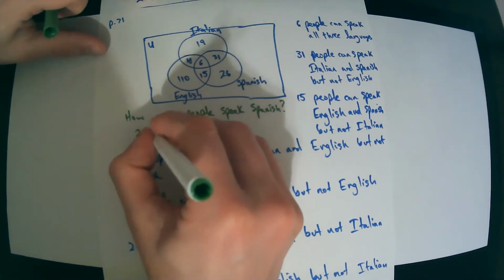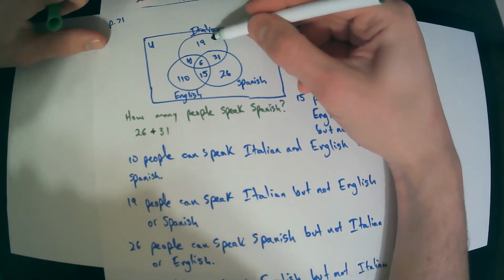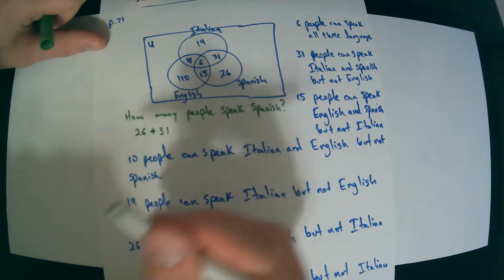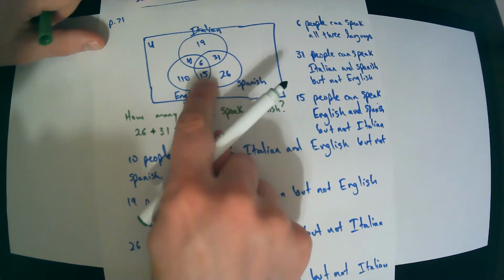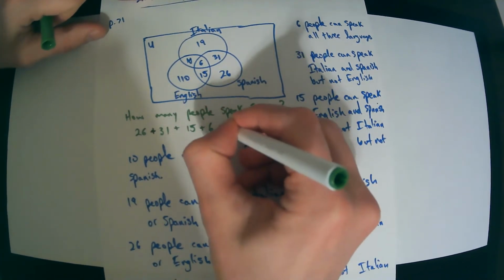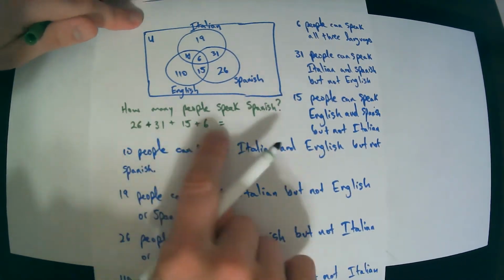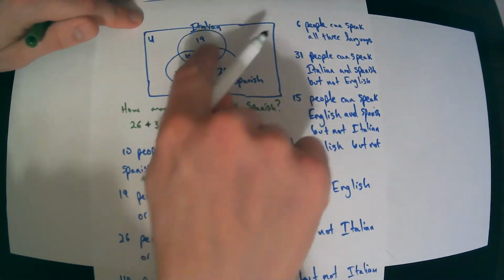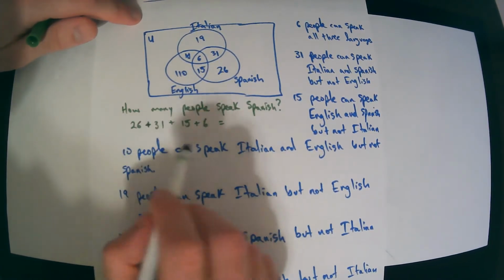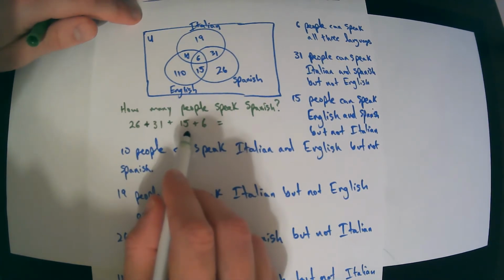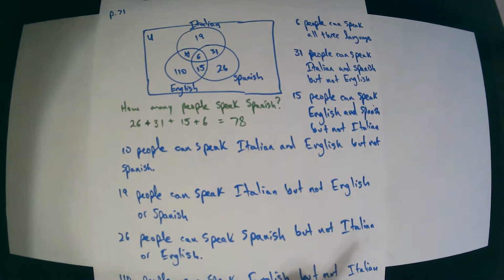But then we've got the 31 who can speak Spanish and Italian, so those 31 people can speak Spanish, plus the 15 people that can speak English and Spanish, and then plus the 6 who can speak all three. So how many people in this whole group can speak Spanish? Well, it's whatever the sum of all these numbers in the Spanish circle is. So, let's see, that's 21, 52, so I think 78, I believe.